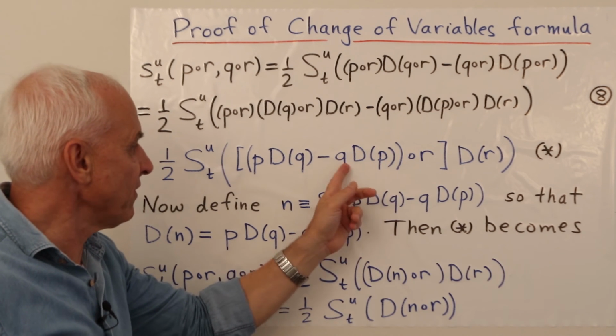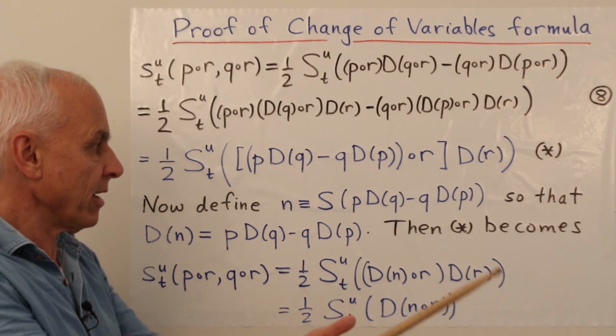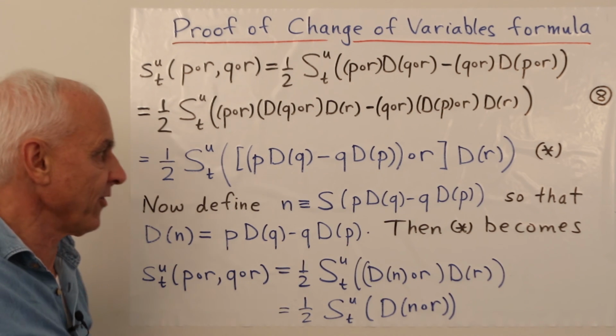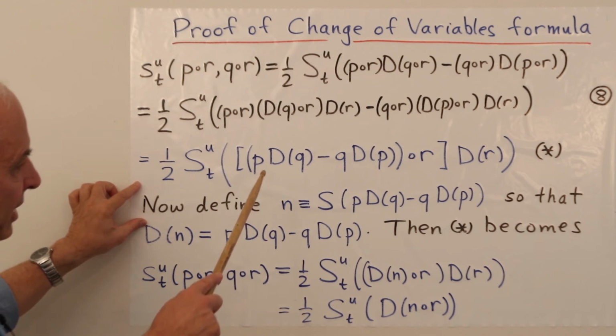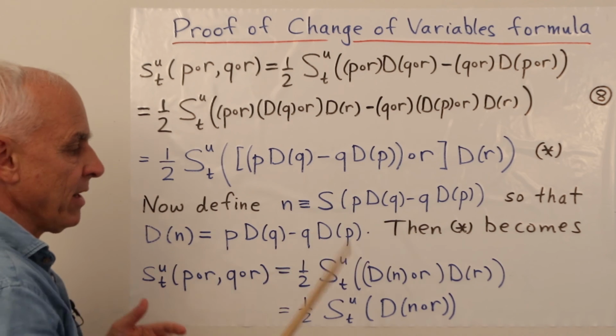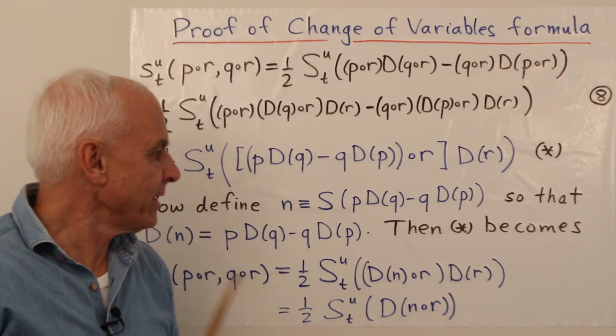Each one of these individual things is going to have an r inserted where the variable is. And now we recognize, well, here's p dq minus q dp. That's looking like kind of an integral.